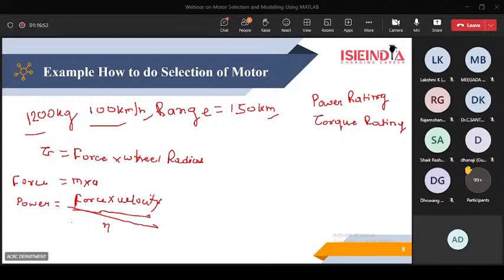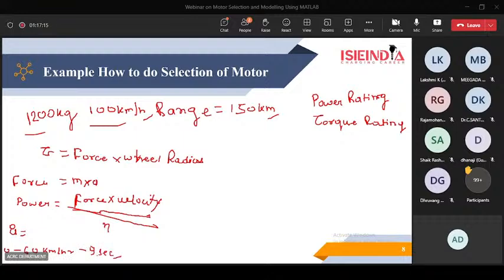So first I will calculate the acceleration. Suppose I define my vehicle speed as 0 to 60 km per hour in, let's take 9 seconds or 10 seconds.